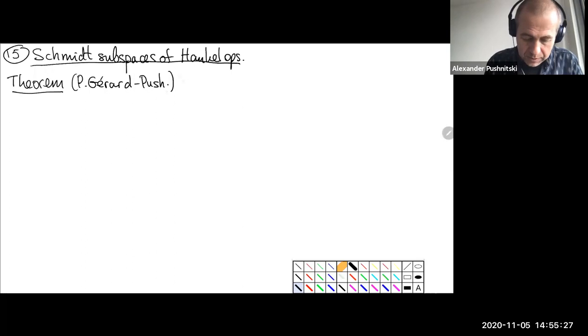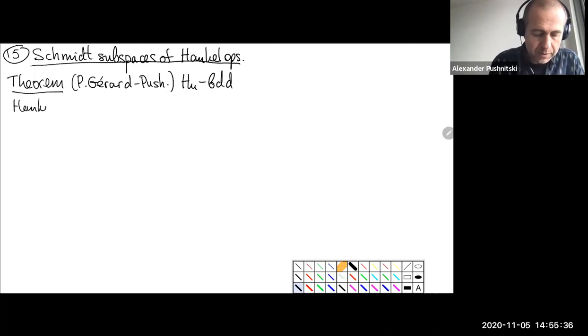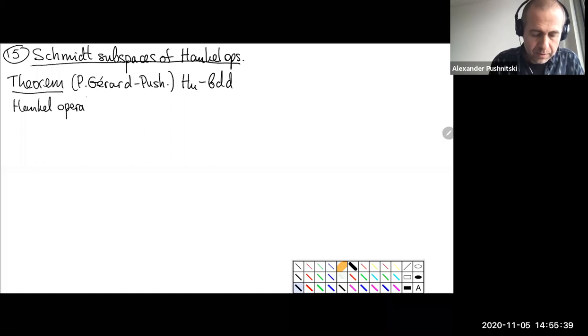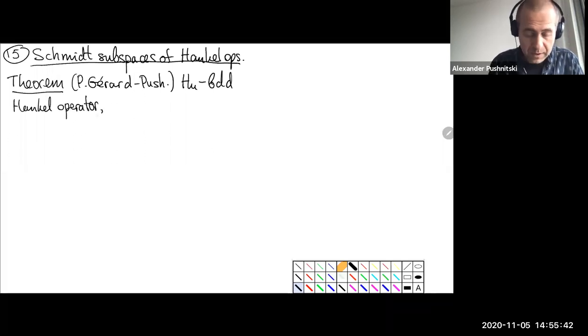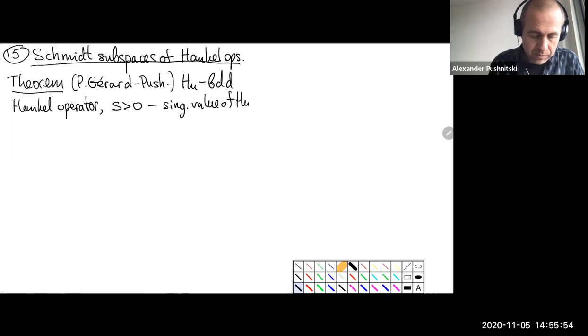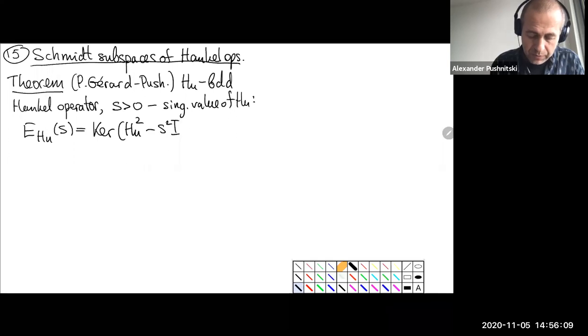So let HU be a bounded Hankel operator, and let S be a singular value of HU. That means the corresponding subspace, the kernel of HU squared minus S squared identity, is non-trivial.